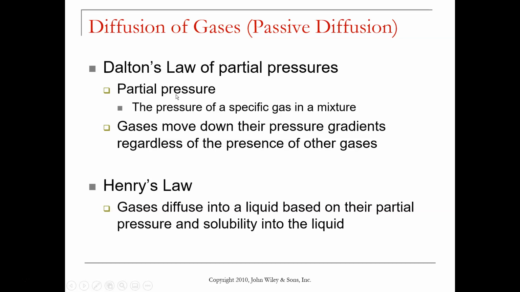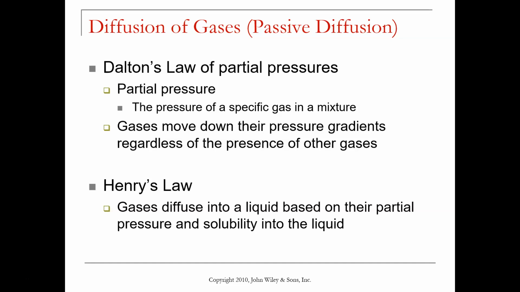One other thing about this is that because air is a mixture, it's not just oxygen, it's other things. In fact, 78% of it is N2 nitrogen gas, and then about 21% is oxygen, and a smaller percentage is CO2. So when you have a mixture of gases, then according to what they call Dalton's law, each different component of the mixture is contributing only part of the pressure.